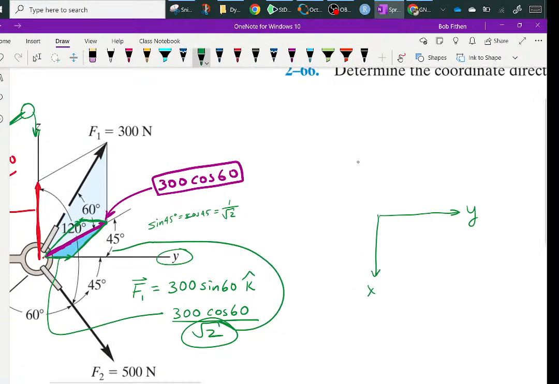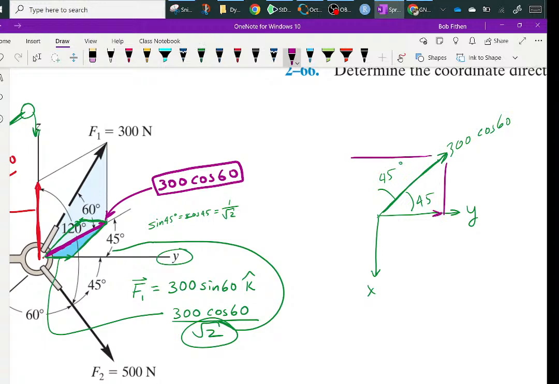And what I see is a vector that shoots out here in that plane that is 300 cosine of 60. So this shadow is in fact that purple vector. And it's 45 degrees. And of course it's 45 degrees here. So I'm looking for the component down here and the component here.